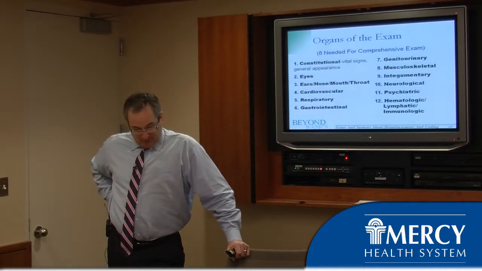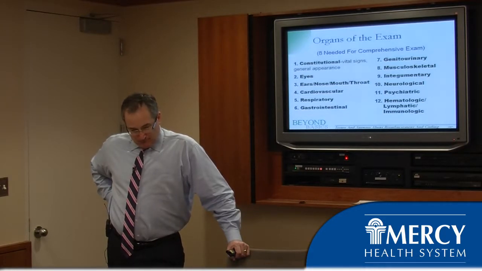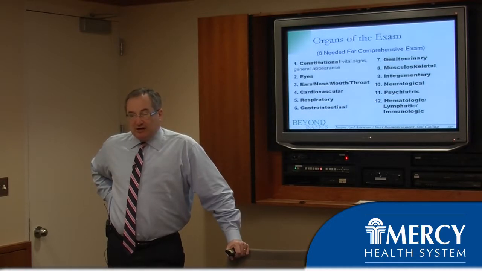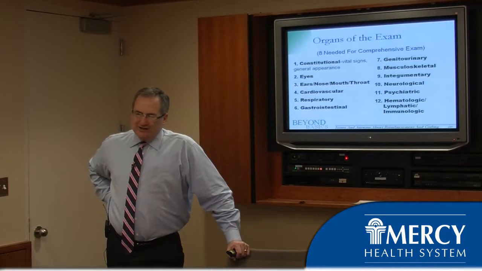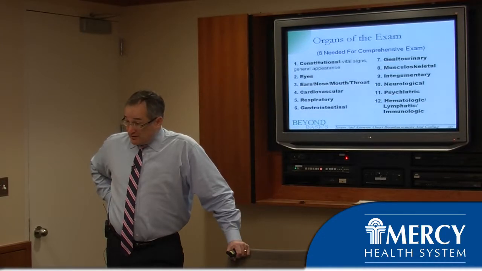HEENT. So the eyes, if we had under HEENT, so if we had under ophthalmologic, extraocular movement intact. Well, that's an eye exam, but it's specific to neurologic function, right?